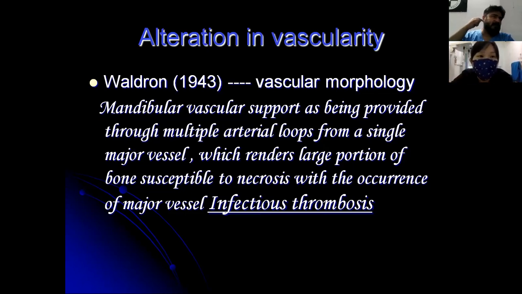Did you observe that the mandible contains the inferior alveolar canal? It comes like this, and then it makes a loop in the mental region, in a hairpin fashion. So any stagnation in the loop may render the supply compromised.